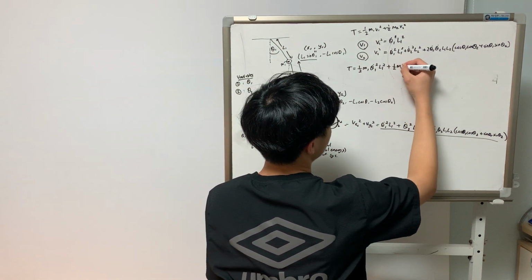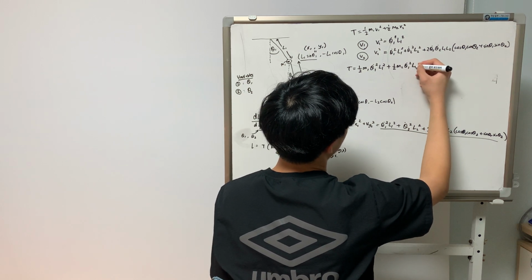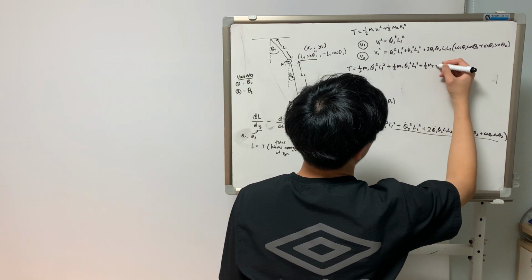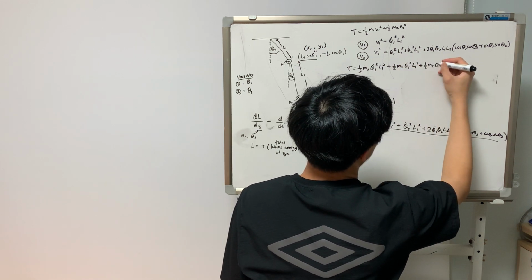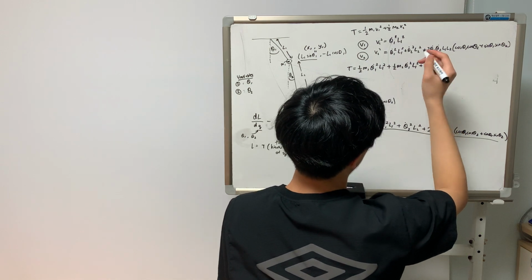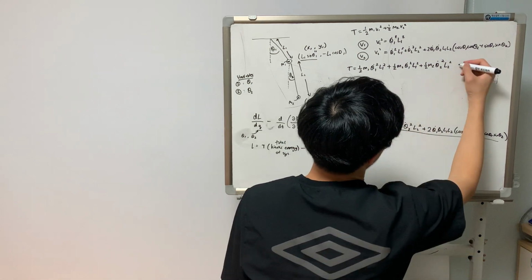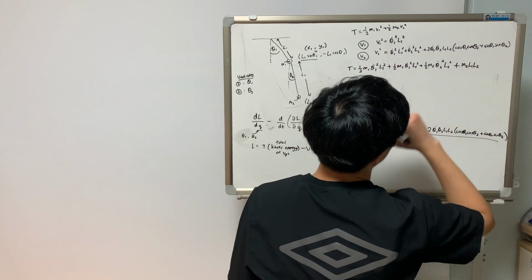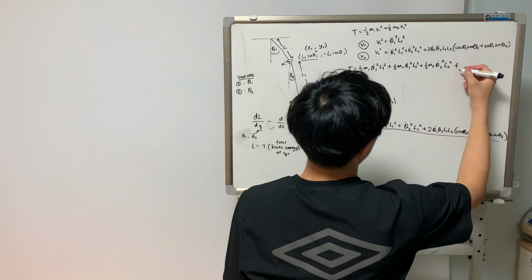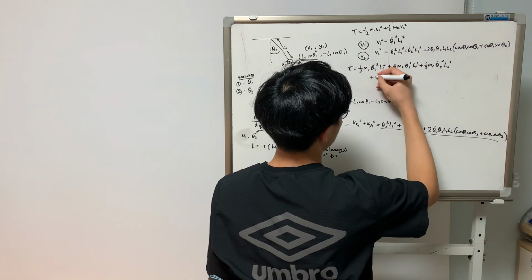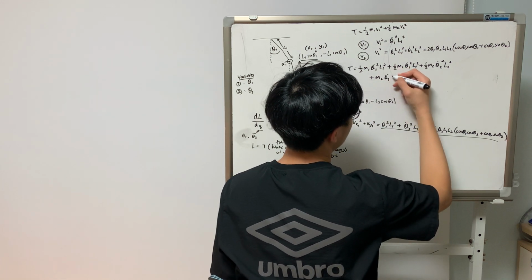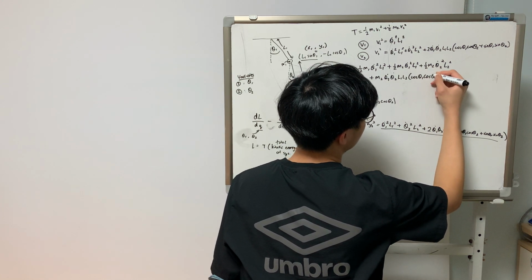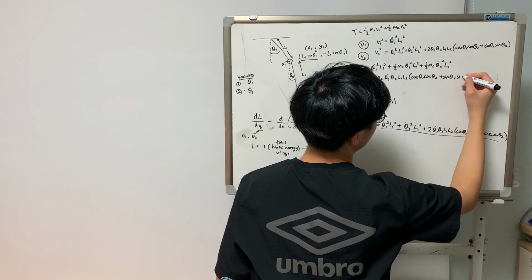Plus 1/2 m2 times that, so theta 1 dot squared L1 squared, plus 1/2 m2 again, theta 2 dot squared L2 squared, plus we get 2 and 2 canceled out, so m2 times L1 L2, m2 times the angles first, plus m2 times theta 1 dot, theta 2 dot, L1, L2, cosine theta 1, cosine theta 2, plus sine of theta 1, sine of theta 2.